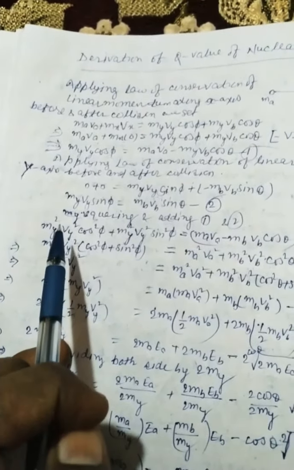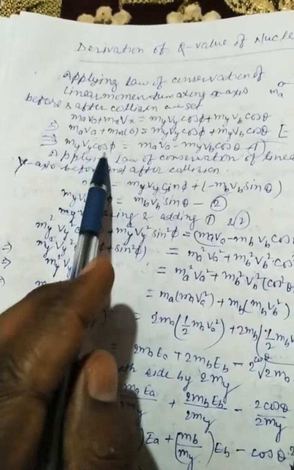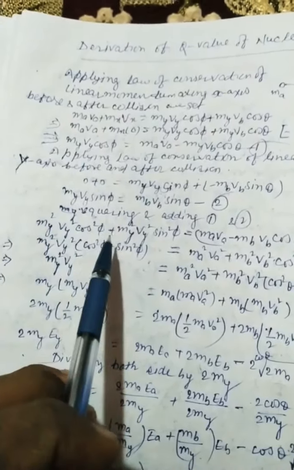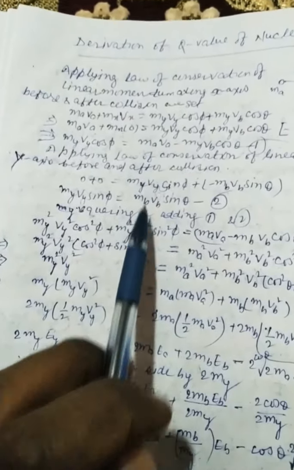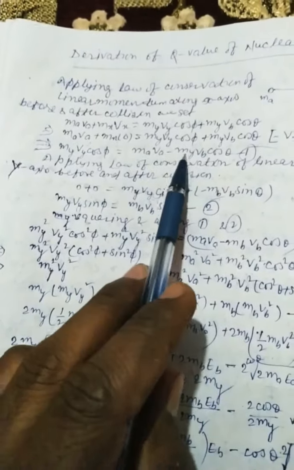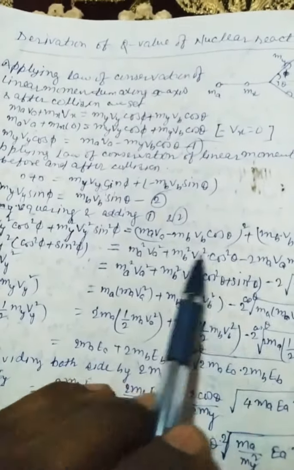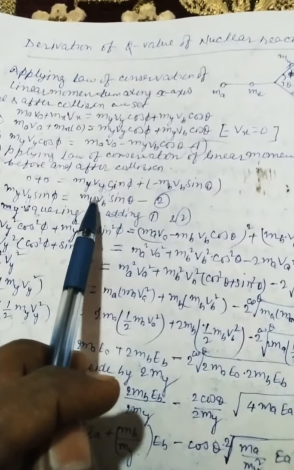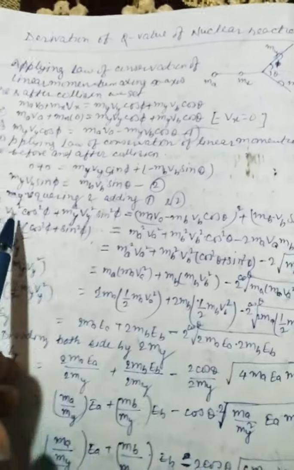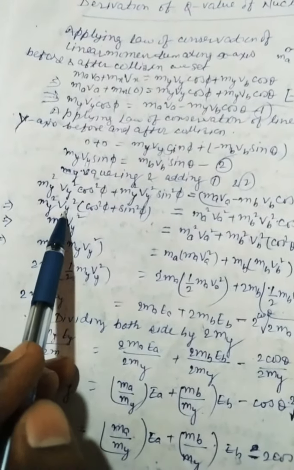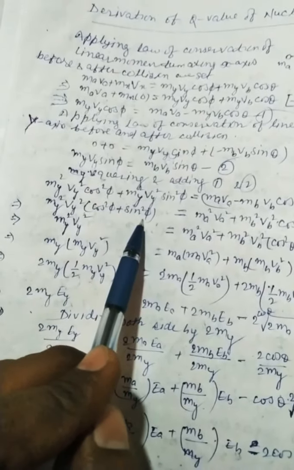So MY square VY square cos square phi plus MY square VY square sin square phi equals the whole square of MAVA minus MBVB cos theta, plus the whole square of MBVB sin theta. Now we take MY square VY square common, giving cos square phi plus sin square phi.